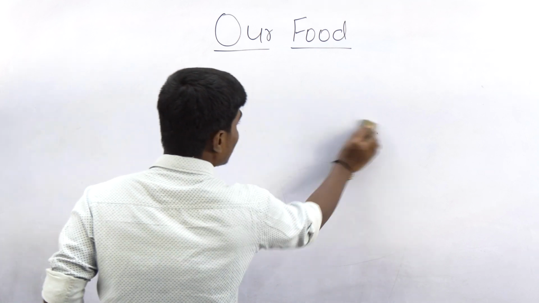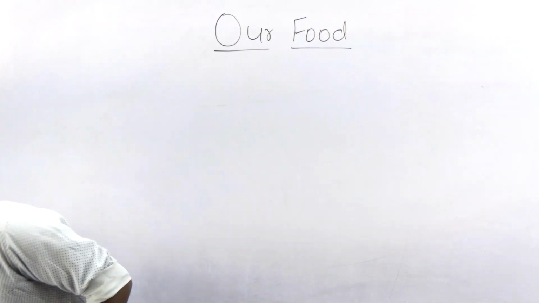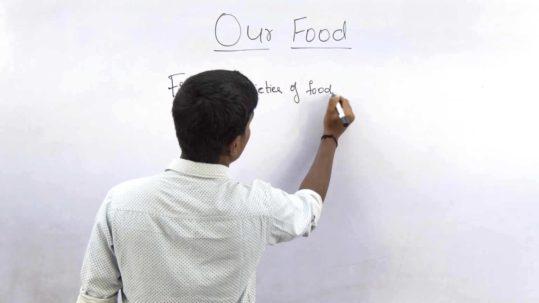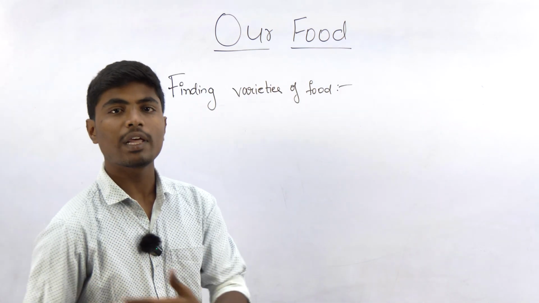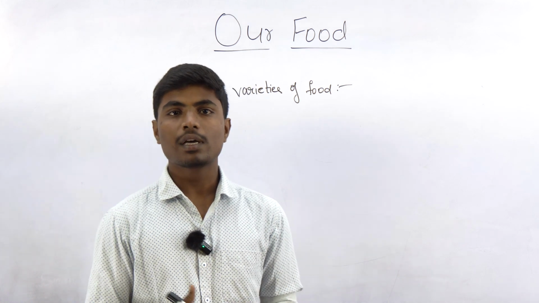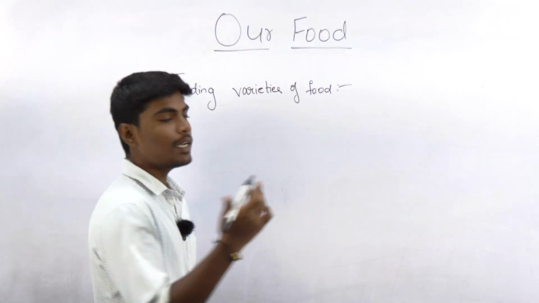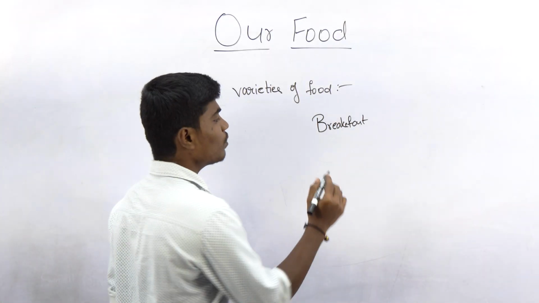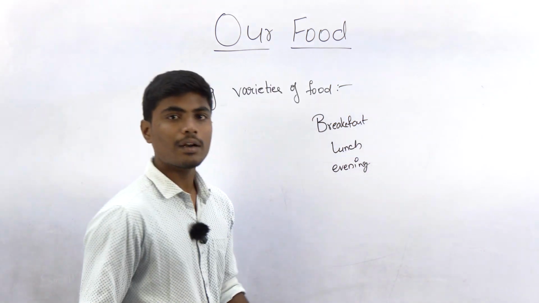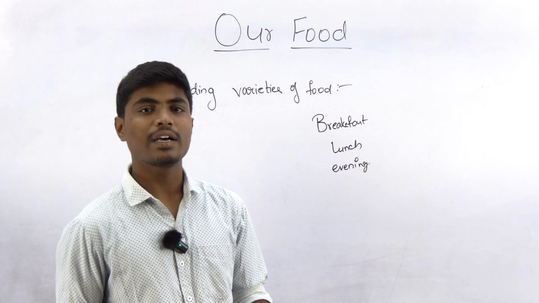Now, let's find different varieties of food. In our day-to-day life, from morning to evening, we consume different types of food items. In the morning, we eat breakfast. In the afternoon, we eat lunch. In the evening, we eat dinner, like snacks or dinner, anything.